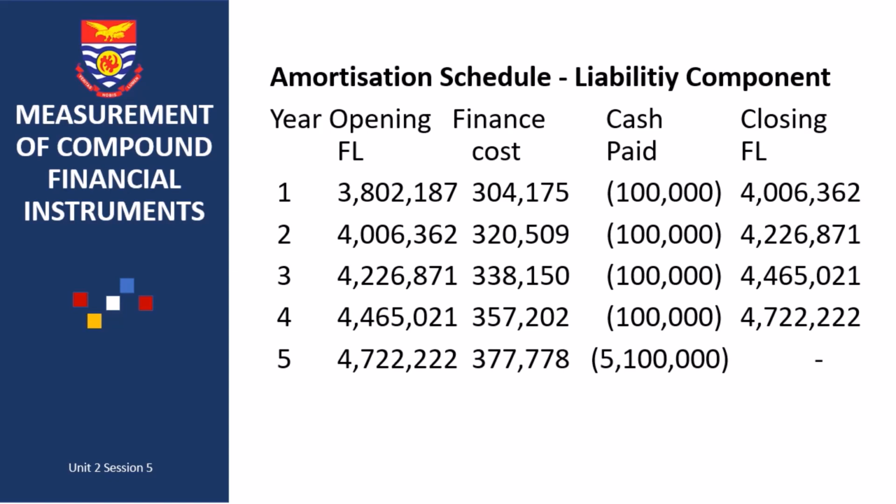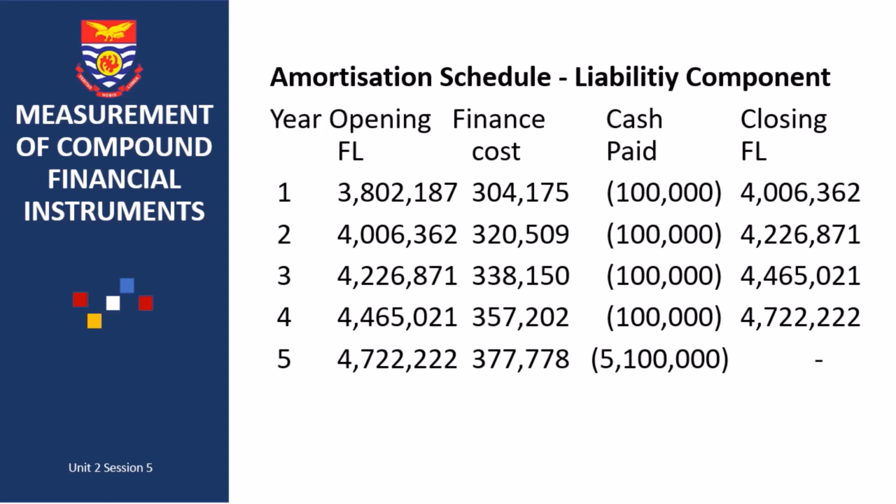Then you apply the effective interest rate of 8% on the 3,802,185. You get this. Then the cash paid, which is the cash flows, 2% of the 5 million, will give us this. Then you get a closing liability, just as the first example we solved.